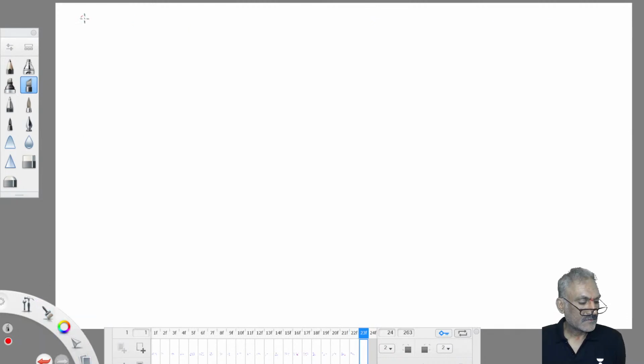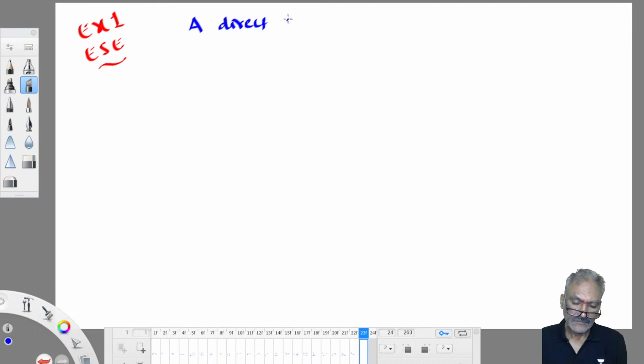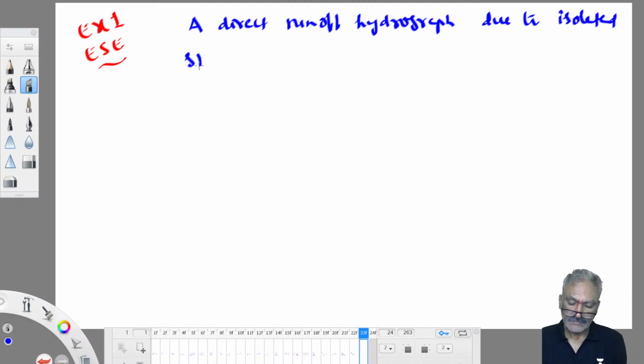So example 1. This question has been asked in the ESE exam. A direct runoff hydrograph due to an isolated storm was triangular in shape.